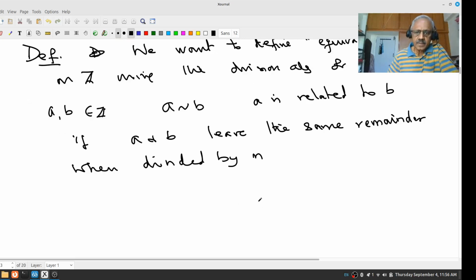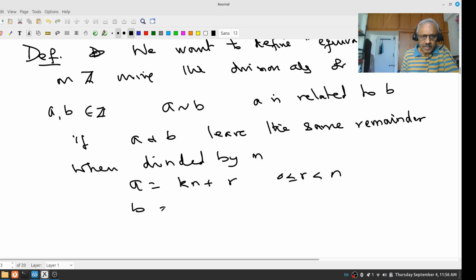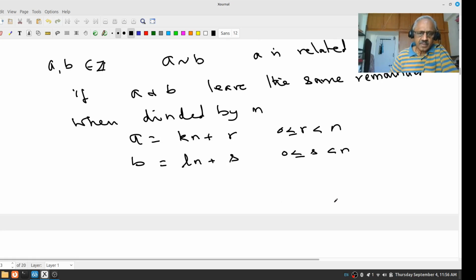That is, when I write a as k times n plus r, where 0 is less than or equal to r less than n, and b as l times n plus s, where 0 is less than or equal to s, strictly less than n, then r and s are the remainders. r is the remainder left by a when divided by n, and similarly s is the remainder when b is divided by n. What do I want? We want r equal to s.